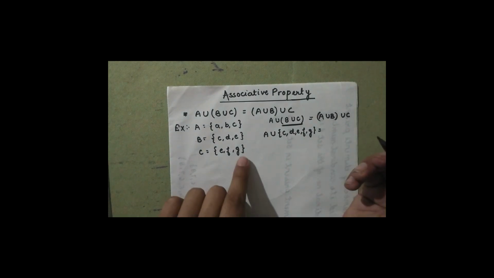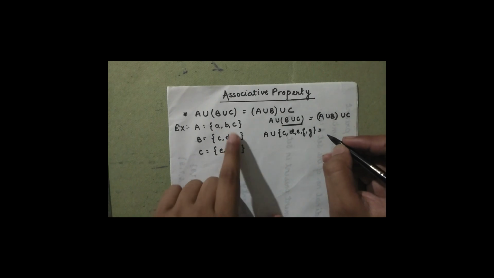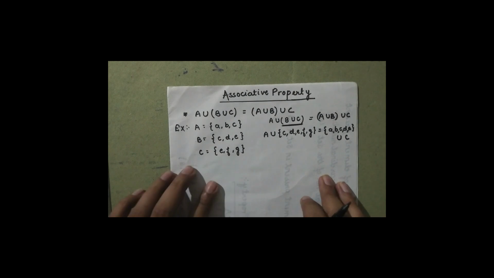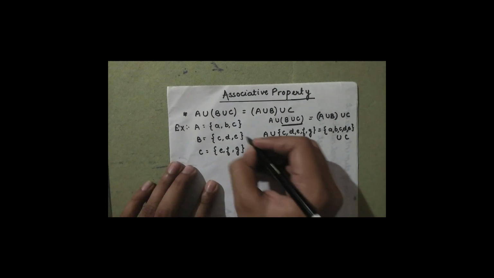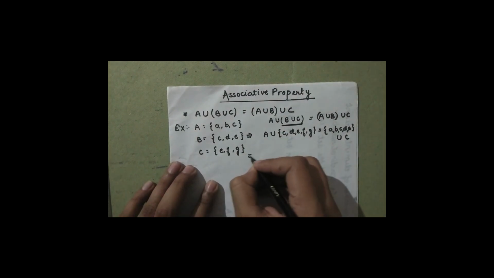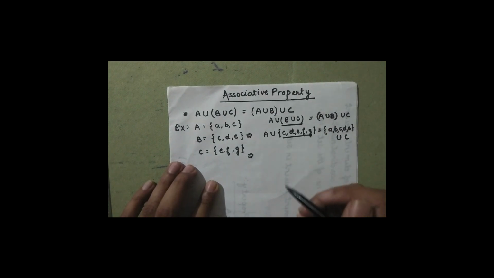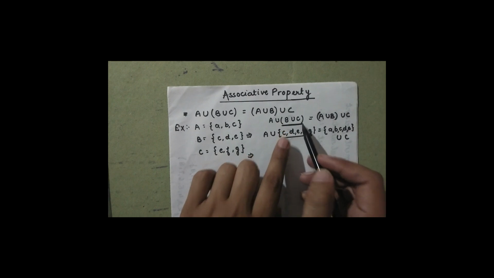And next, A union B. What is A union B? A, B, C, D, E, and then union C. So we move on to the next line. What is A union this set, what comes after B union C?